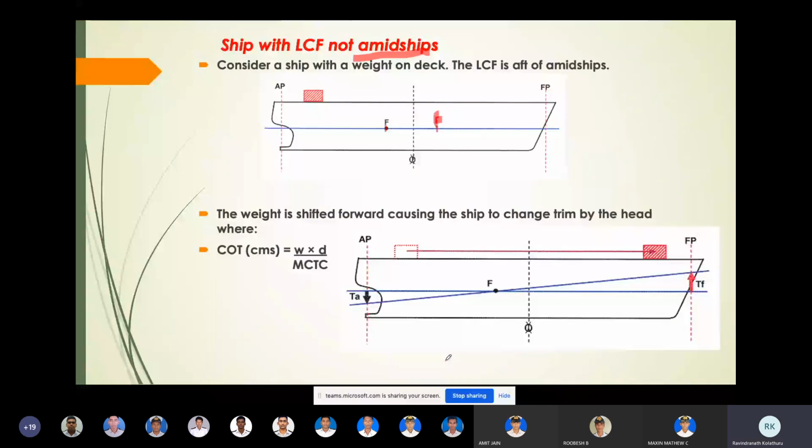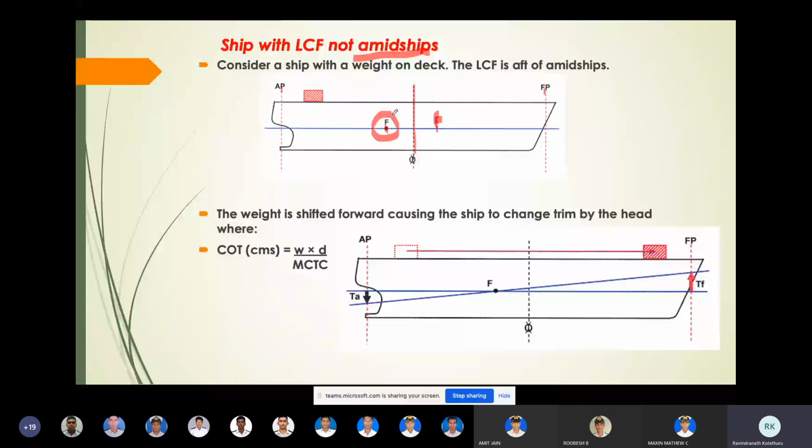Now here we will take the same example. This is your aft perpendicular, this is your forward perpendicular, and this is your midship. We have taken a point where F is here. When F is here, it means when you look at the picture, it is actually aft of midship at this point.